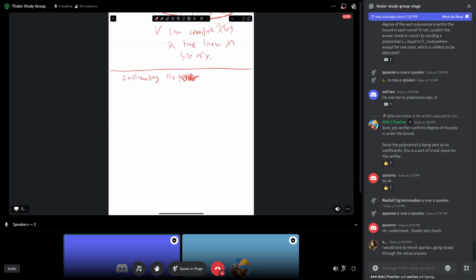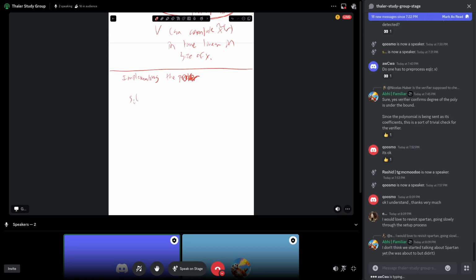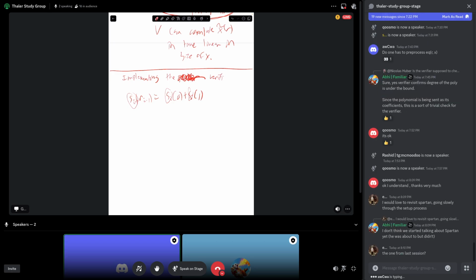The sum-check verifier is very simple. Every round it just checks that S_{i-1}(r_{i-1}) equals S_i(0) plus S_i(1). These are each degree 3 univariate polynomials, so it's a very simple check. This is the verifier, and it's pretty much trivial to implement.